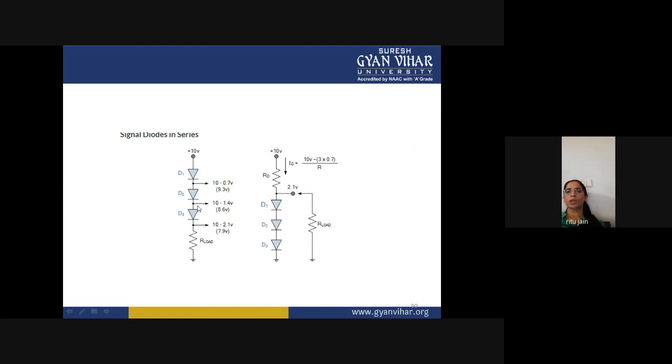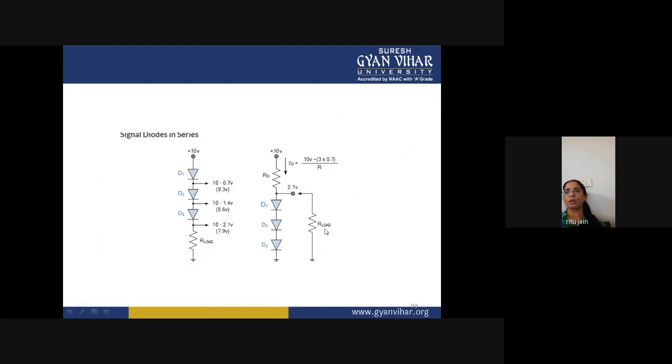So the voltage at this point will be 8.6 volt. If you talk about diode D3, the voltage is 10 minus 2.1, which is equal to 7.9 volt. So this is how you can connect the signal diodes in series, applying 10 volt over here.